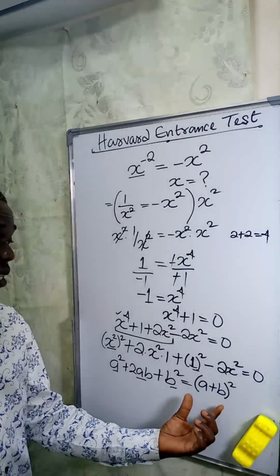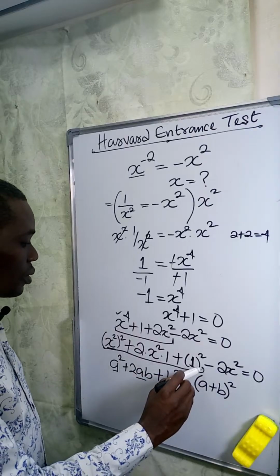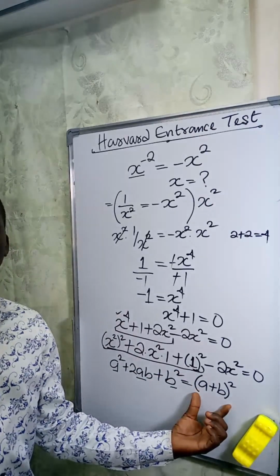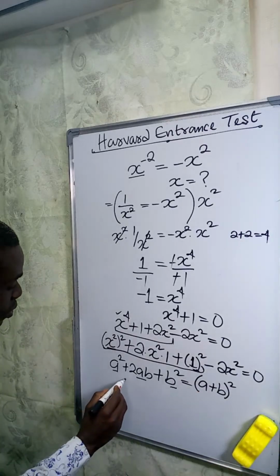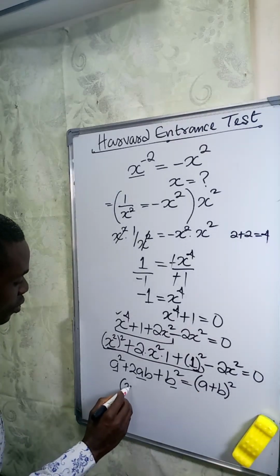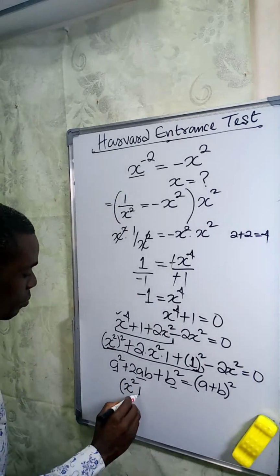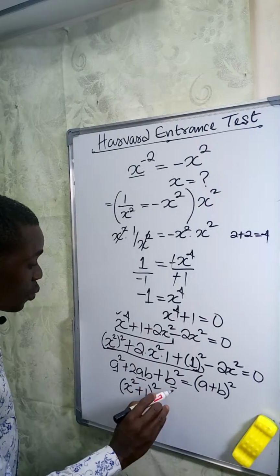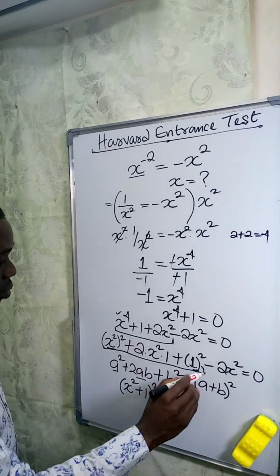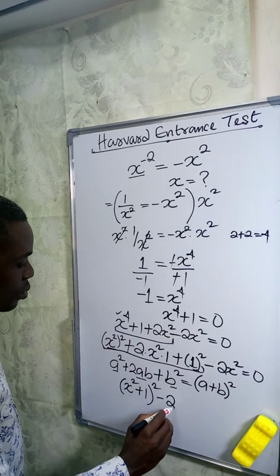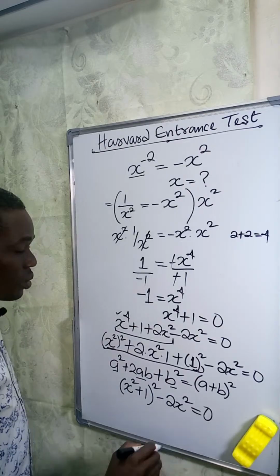So I can simply replace this whole expression with this form. Very easy to crack. Now if we look at that form very well, we'll have x squared plus 1 all squared, minus 2x squared, while this becomes 0.